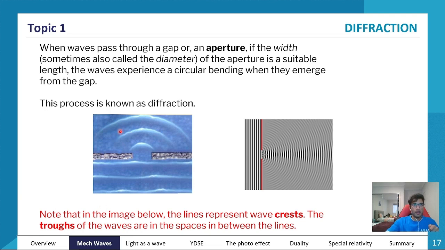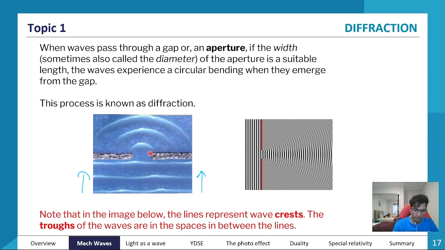So I want you to look at this image. I'll just quickly describe what's happening. We have some waves. These are some water waves traveling through the water. And over here, we have some barrier. The waves are going in this direction, and what happens is when they hit the barrier, these waves are spreading out.